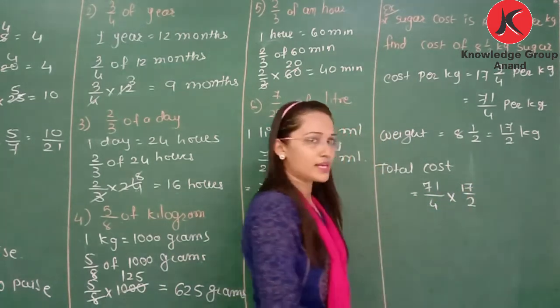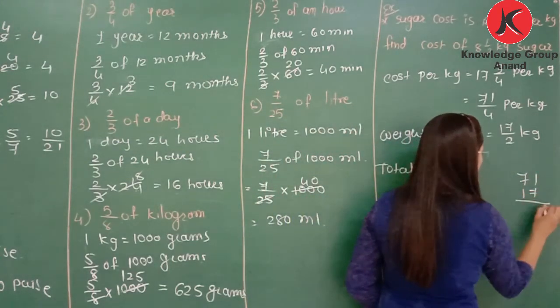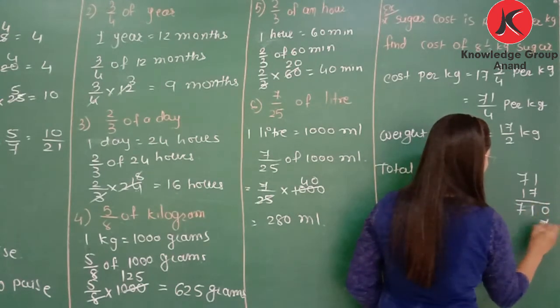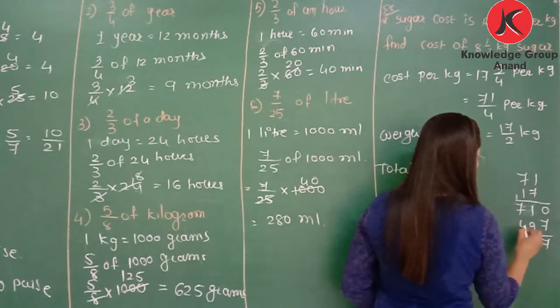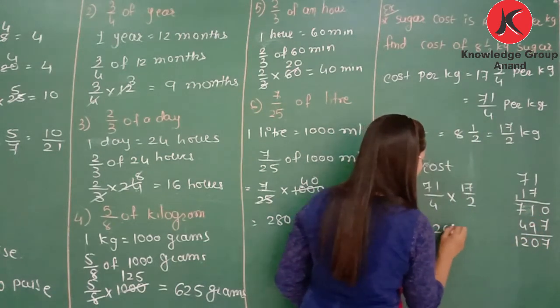Here we need to multiply 17 1 by 17. So let's multiply. So it is 1207.